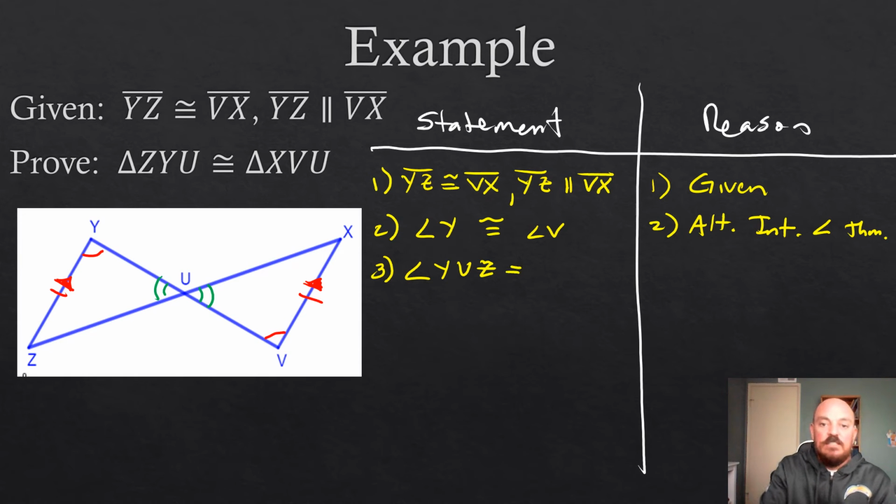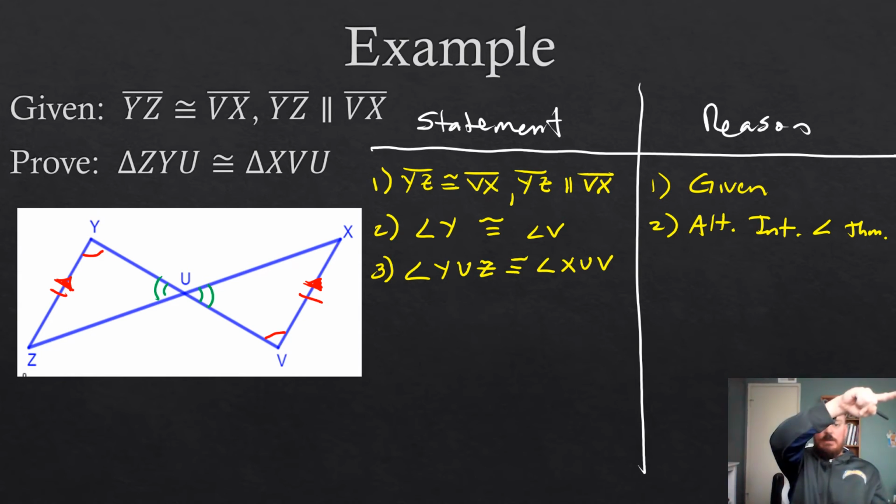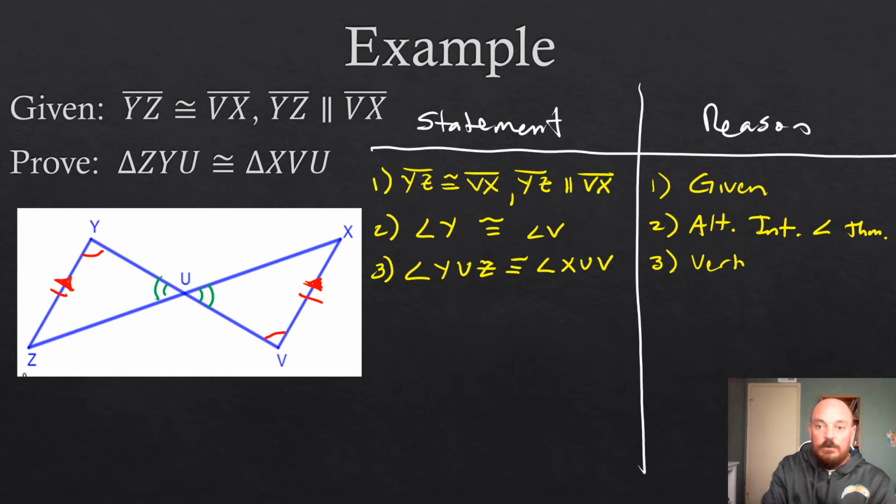And I'm going to say that's congruent to angle, and I'm going to use 3 letters again. I'm going to say X, U, V. That would be from X to U to V. Now the reason for that one is the vertical angle theorem.